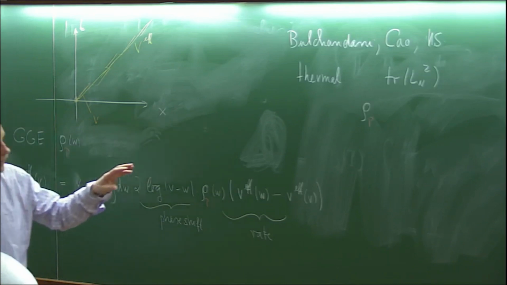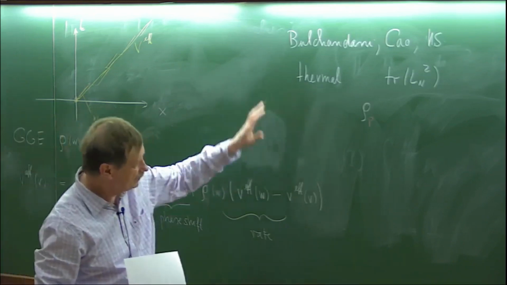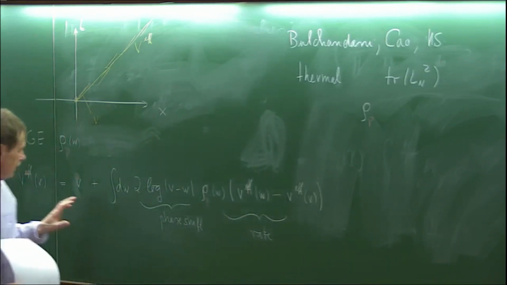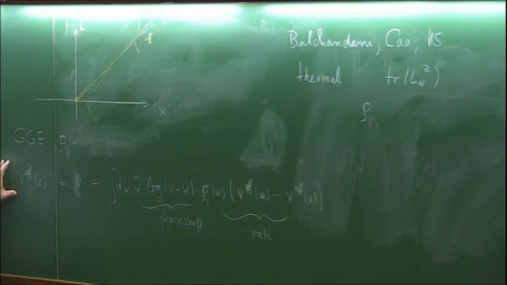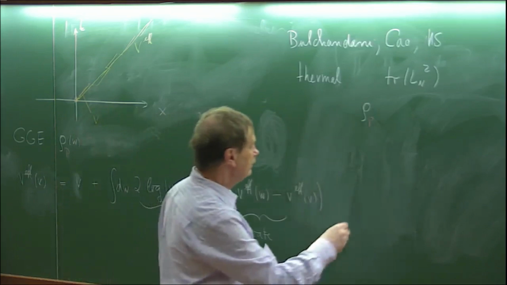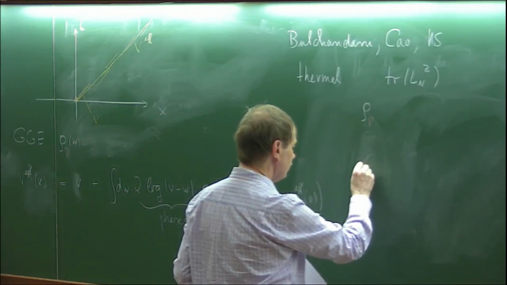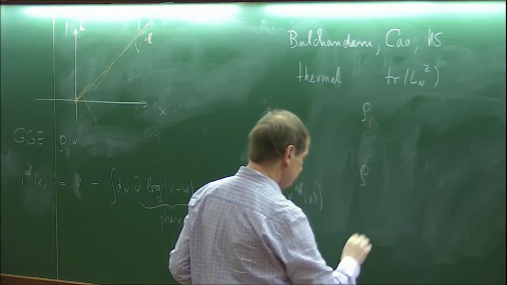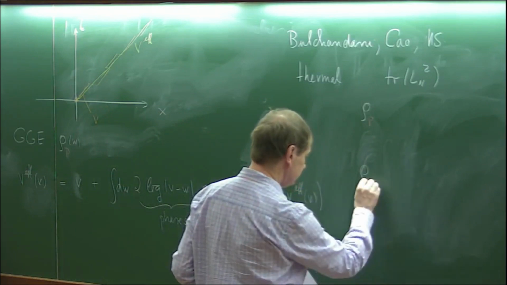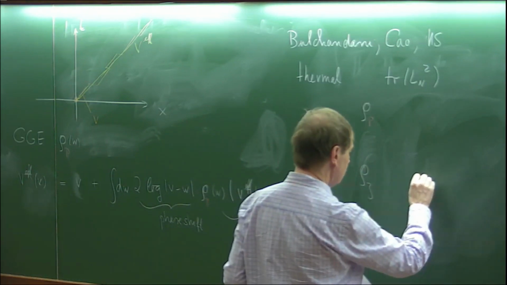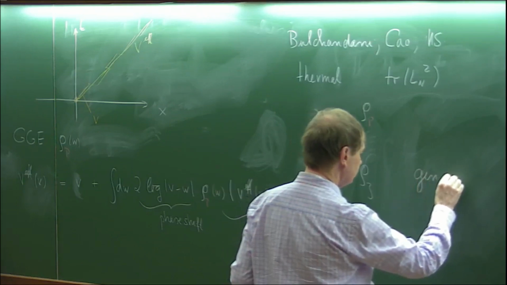Also, the question of how you actually get the rho p is a different issue, which I cannot explain here. In any case, you solve this equation, and then we have the rho j from generalized hydrodynamics.